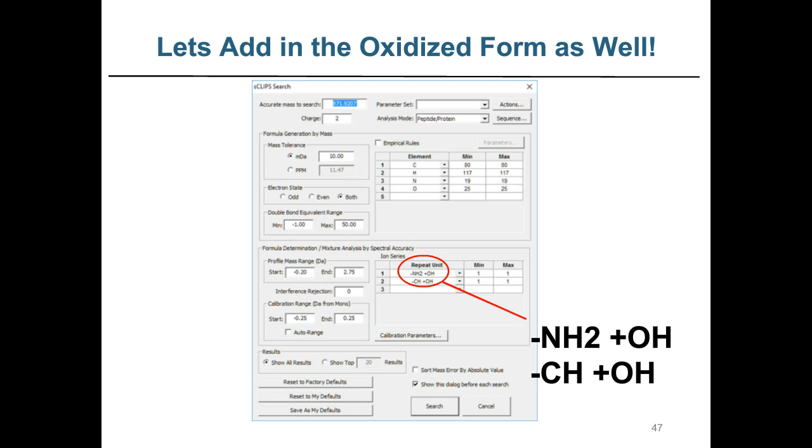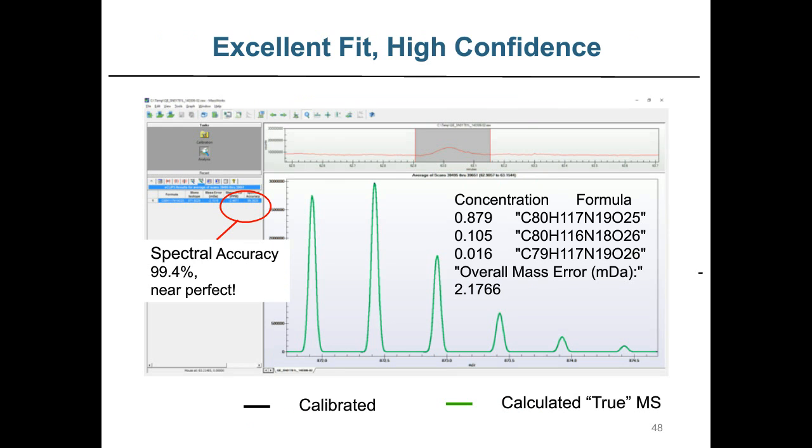So again, what we can do here is we can propose to the software to look for, in addition to the deaminated species, also the oxidized species. And now you have a near perfect fit. That gives you a really high degree of confidence that, again, this is not a pure component.